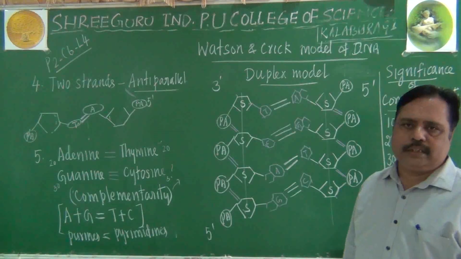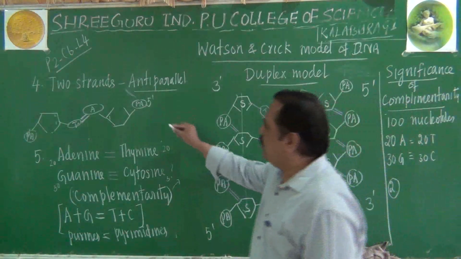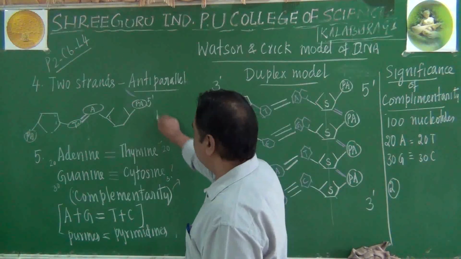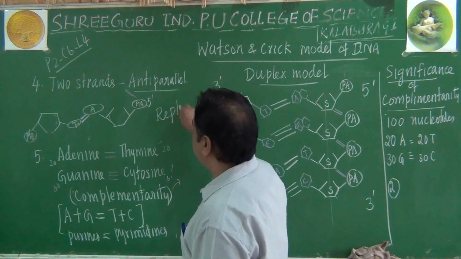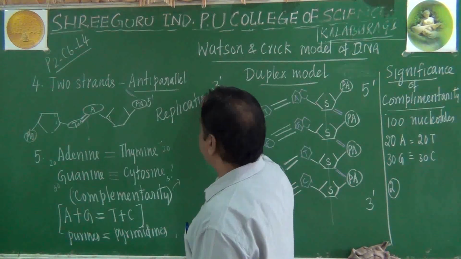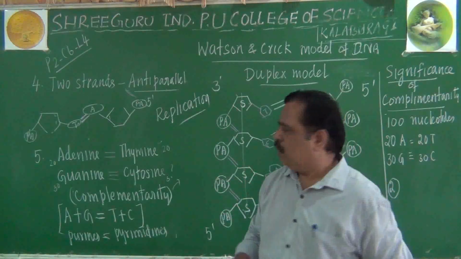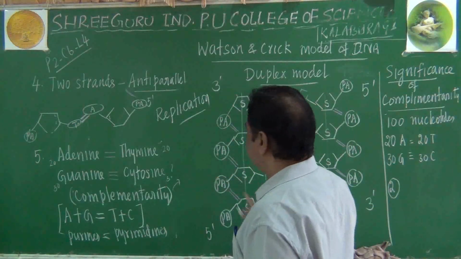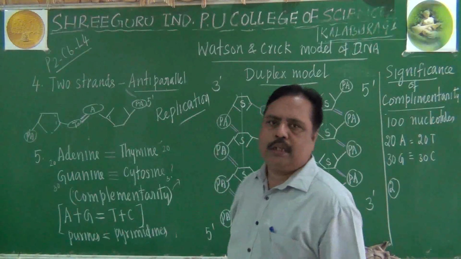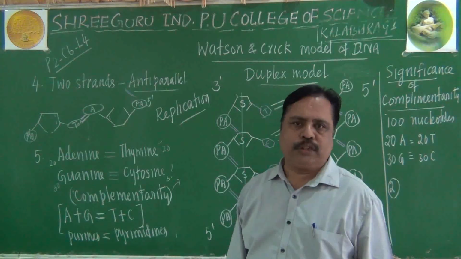The second advantage is when DNA undergoes replication, remember this point, it will produce two chains. One is the parental chain, and opposite to that a daughter chain will be produced.